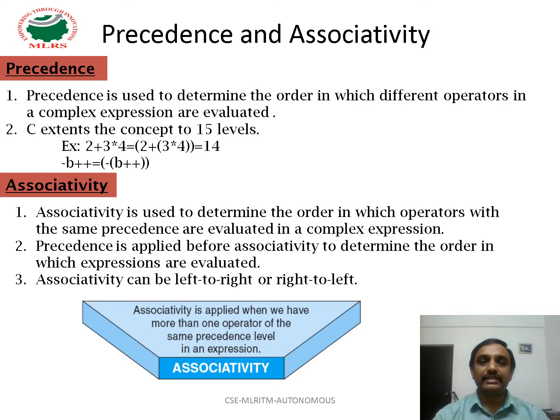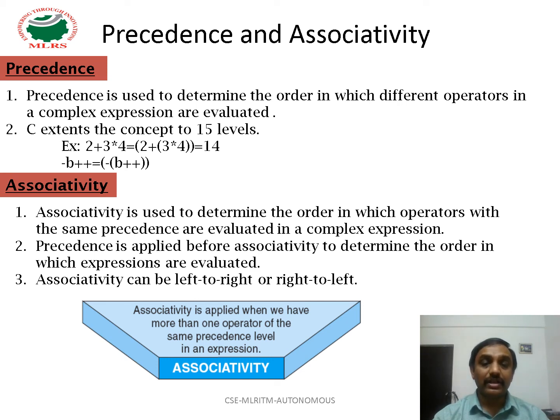Now we will discuss precedence and associativity. First, precedence. So what is the use of precedence? In an expression, if more than one operator is present, then which operation is to be performed first? That is determined by the precedence.